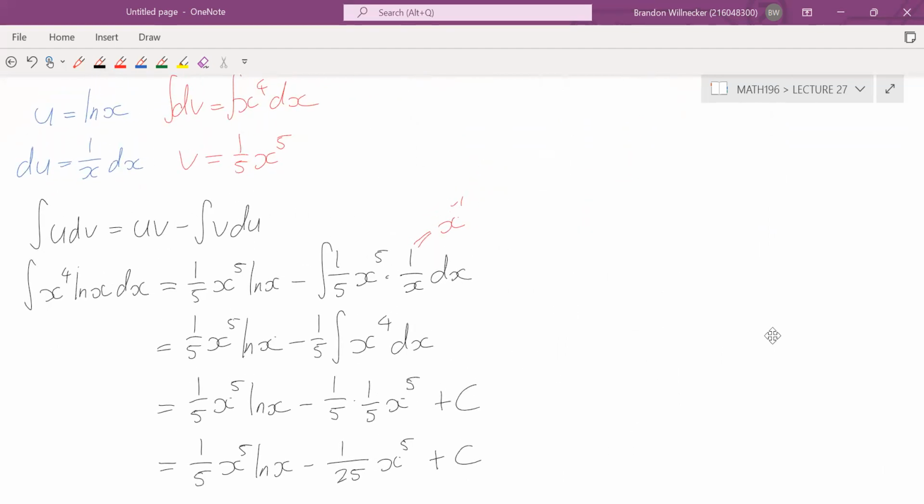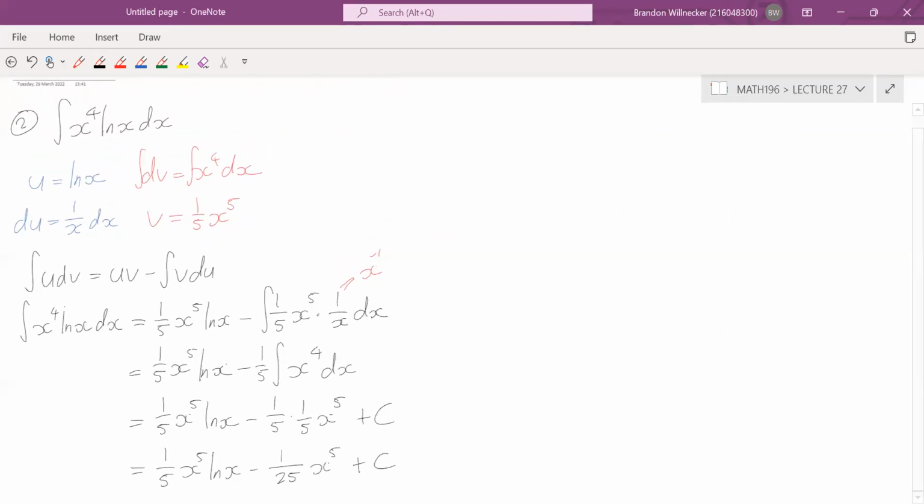So in this case, we didn't need to do integration by parts a second time. Once was enough for this. Just by the way, the questions where you have to do integration by parts twice are worth up to double the marks of a single integration by parts.